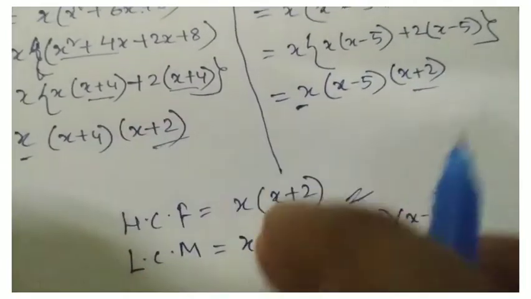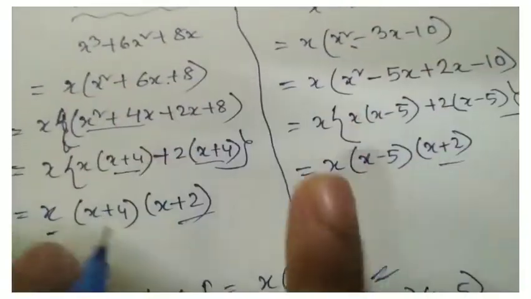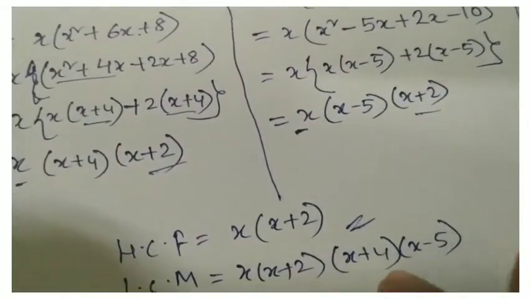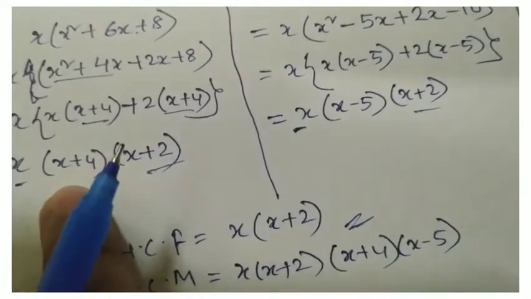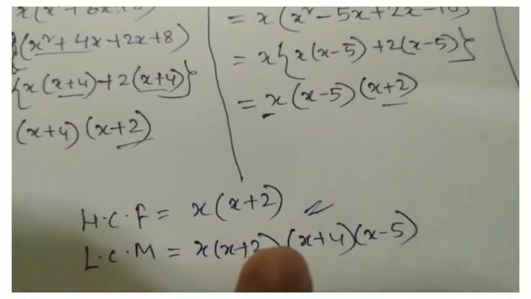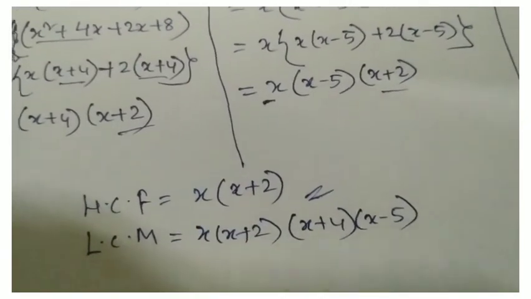So the LCM would be the common parts and then the multiple of the uncommon parts, x plus 4 and x minus 5. Okay, so that is the main difference between HCF and LCM.